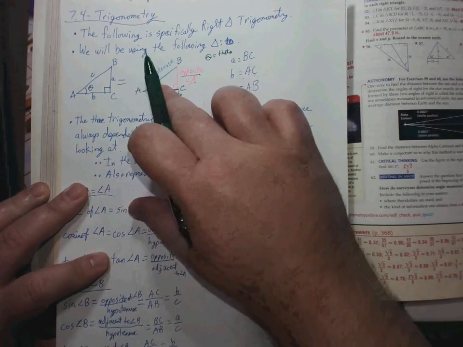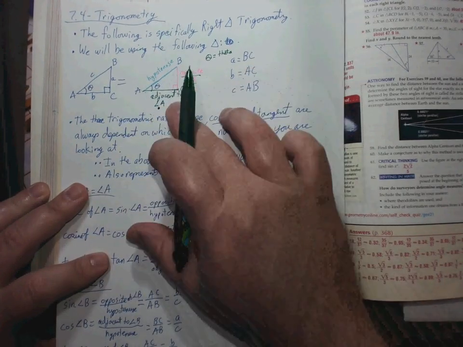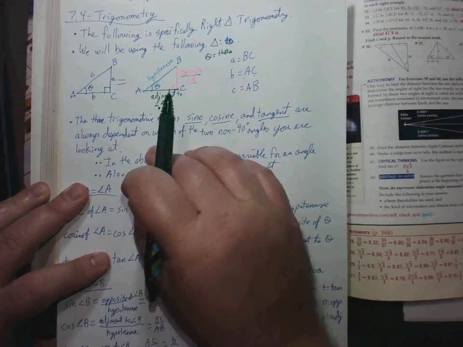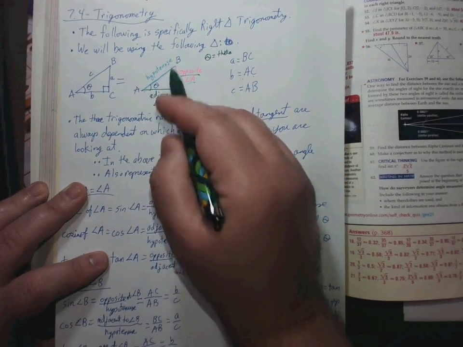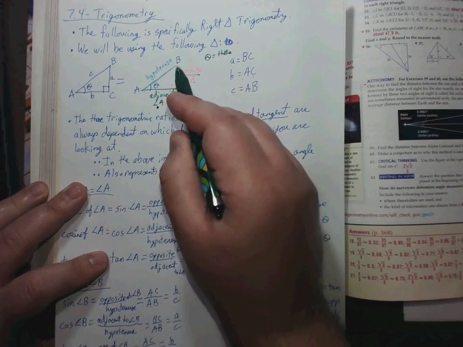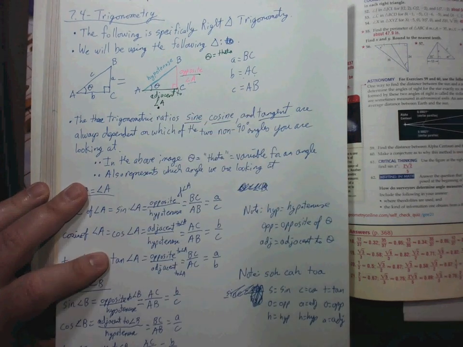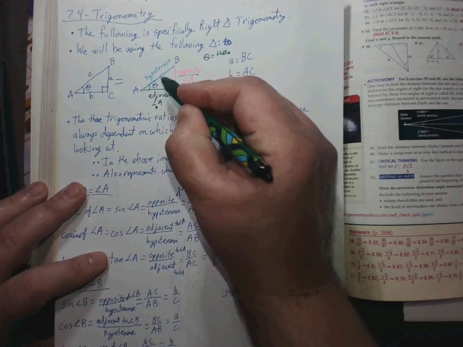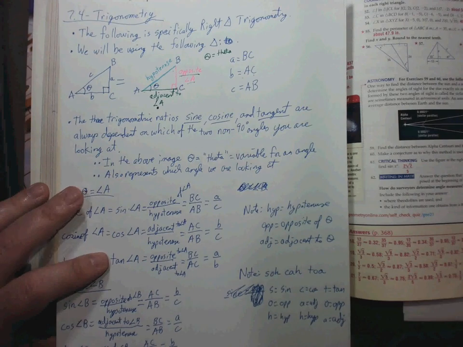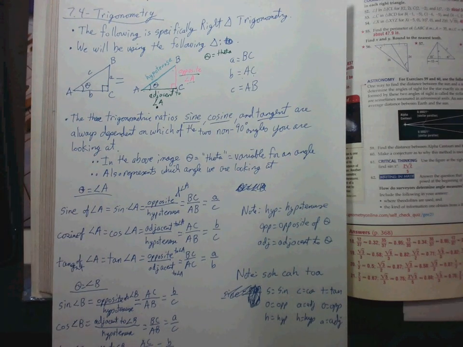Now, if I was looking at this other angle here, these two would be flipped. This would be opposite to angle B. This would be adjacent to angle B. So it all depends on whether you're looking at this angle or this angle as to what is opposite and what's adjacent. Remember, adjacent means next to that angle.